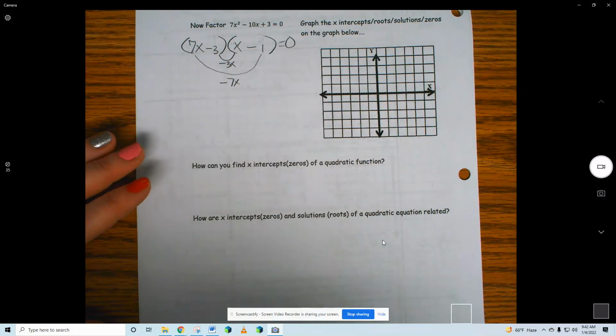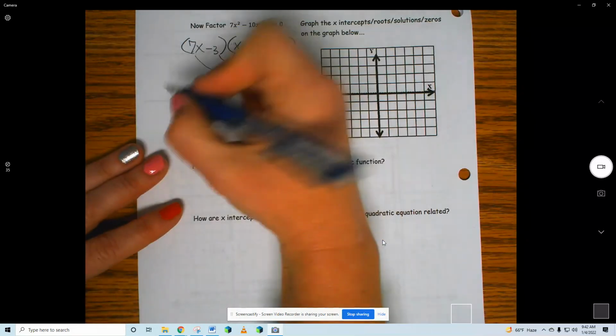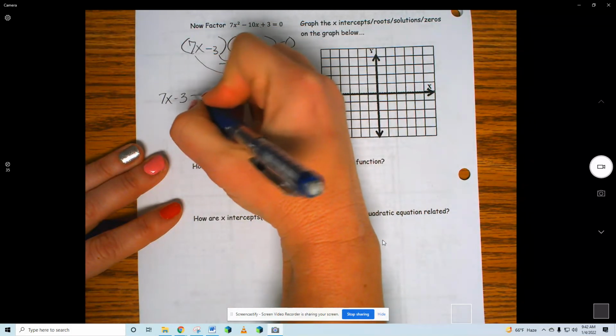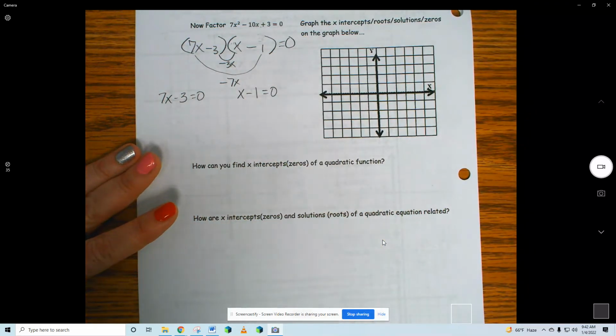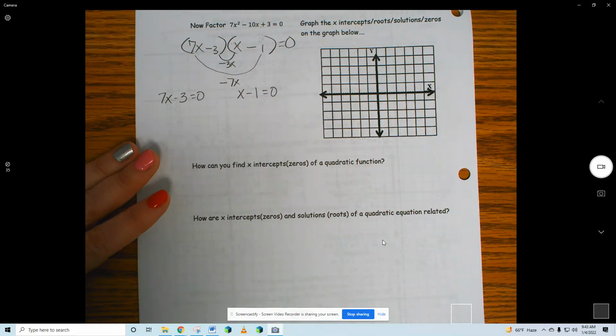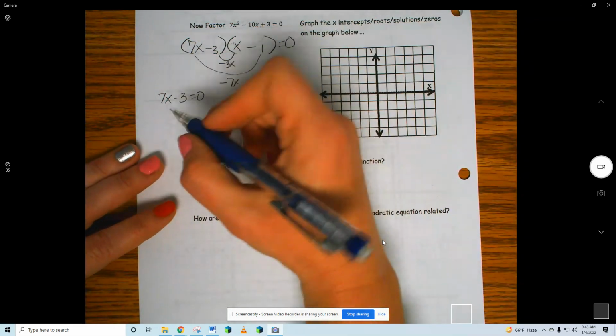Set your parentheses equal to 0. 7x minus 3 equals 0. x minus 1 equals 0. And solve.